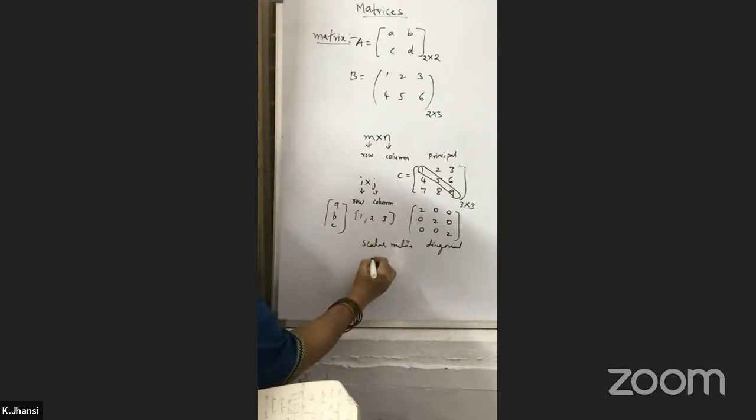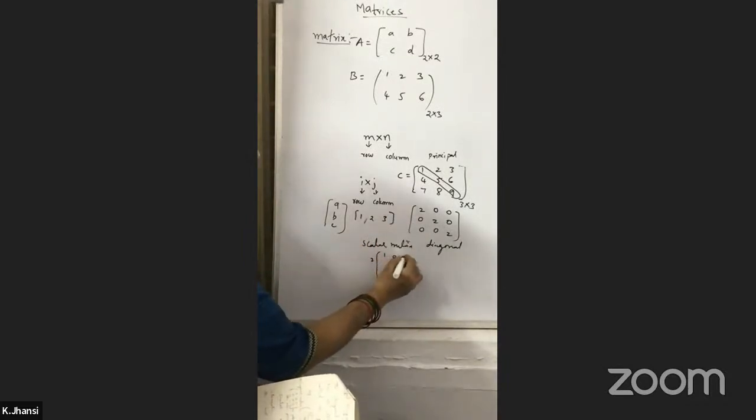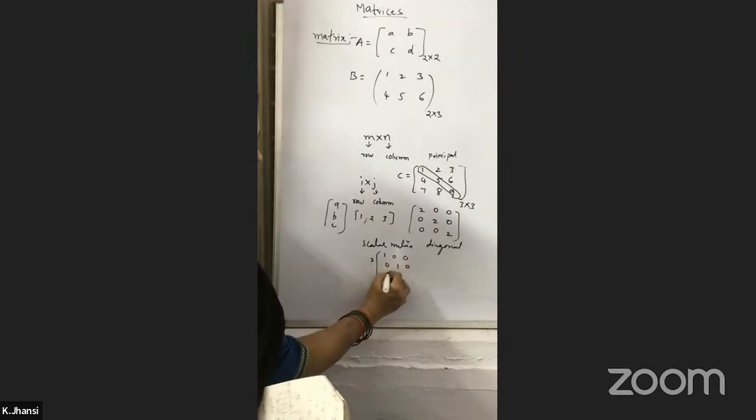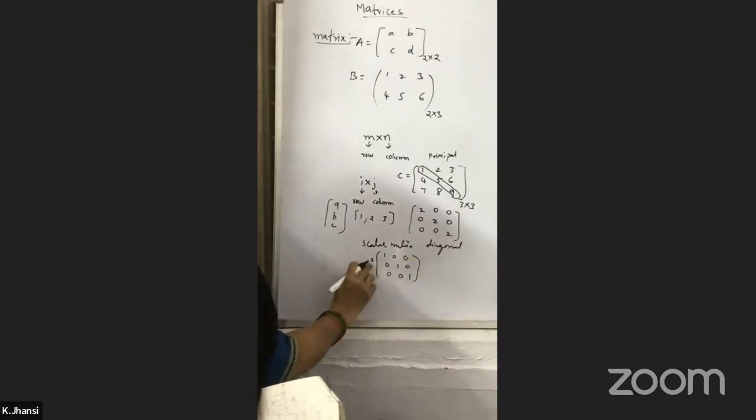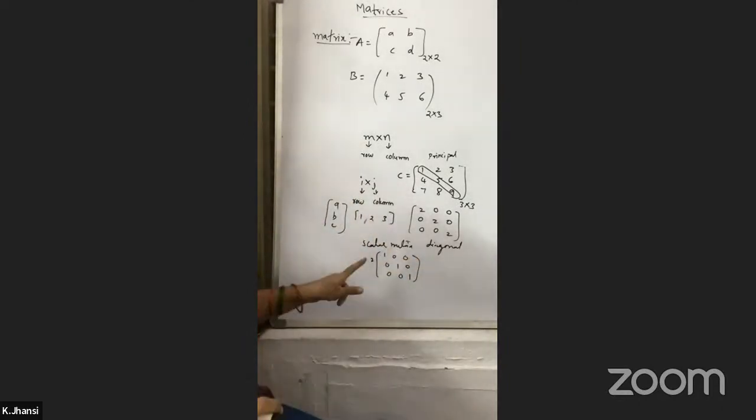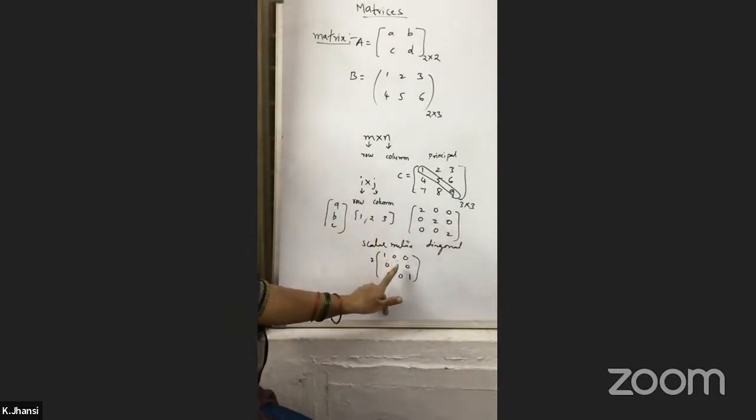That means we can take 2 outside and write it as 1, 0, 0, 0, 1, 0, 0, 0, 1, some multiplication of the identity matrix. This is the identity matrix, all unit elements, 1, 1, 1.